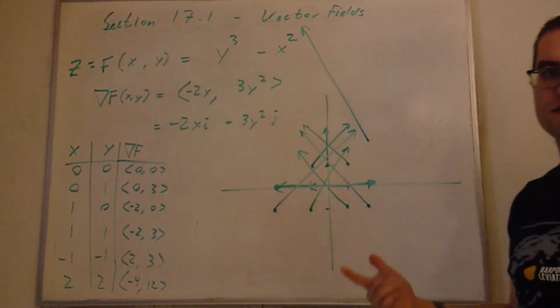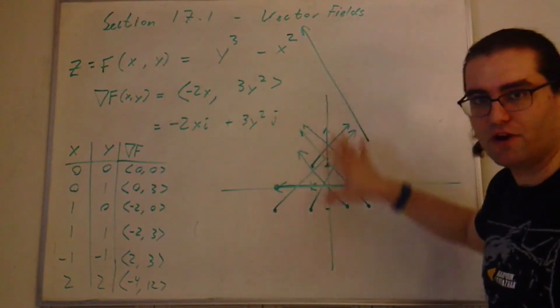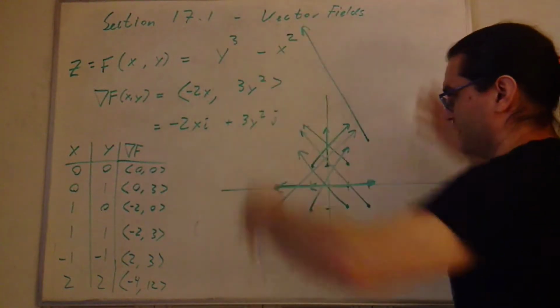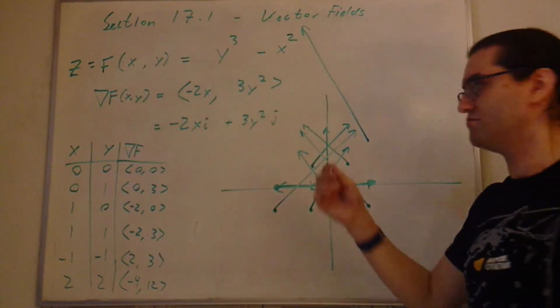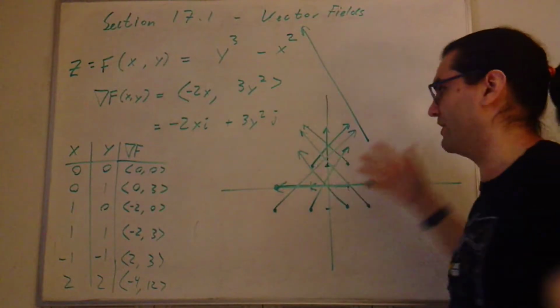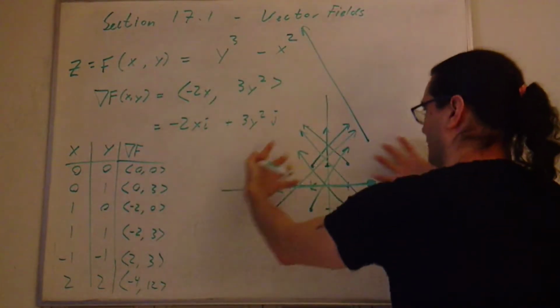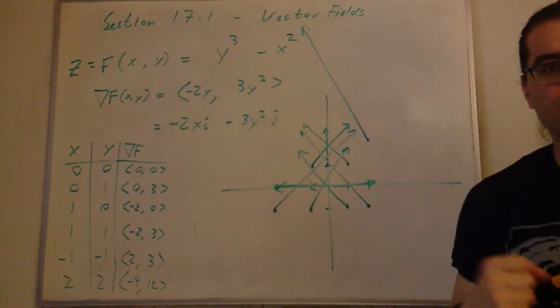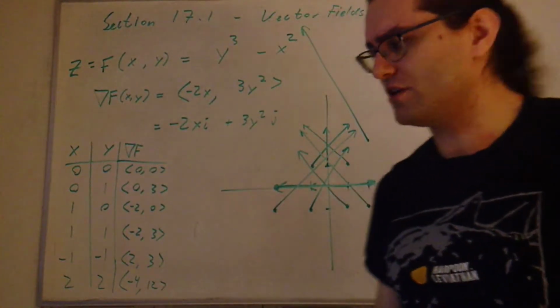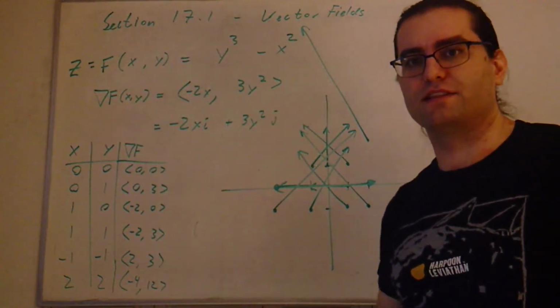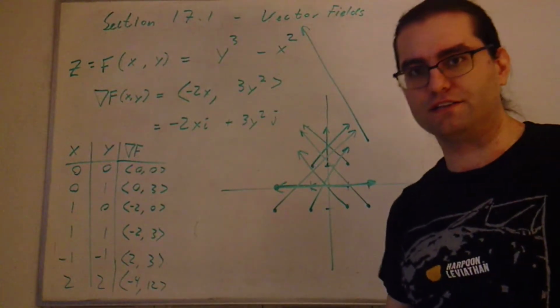If this is airflow, if you have a bunch of fans that are all sort of pointing this way, and you released a feather somewhere, it would move in this direction. It would follow a path that looks like this. And that's what we're going to use these things for. We're not going to talk about paths quite yet. We'll start doing paths in the next section when we talk about line integrals.